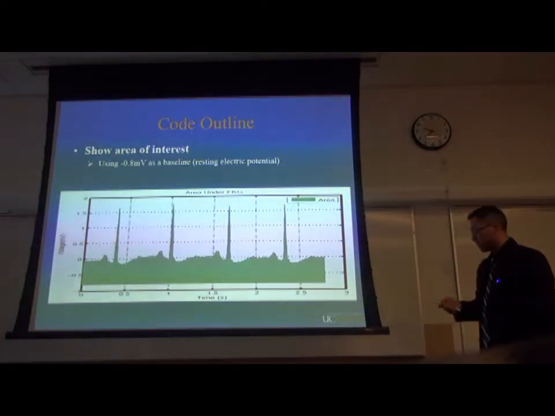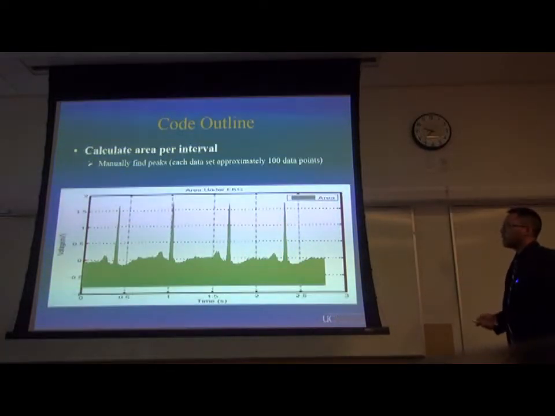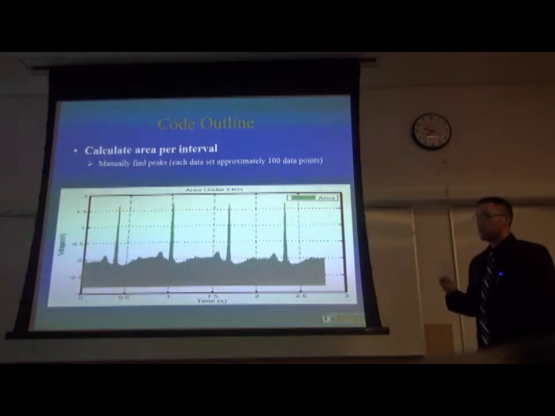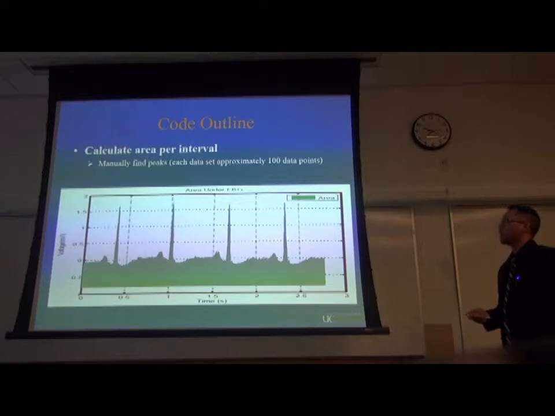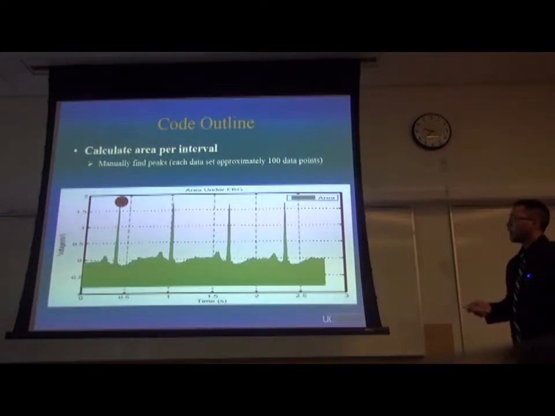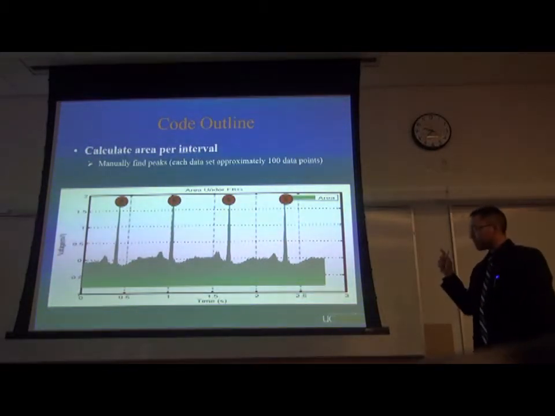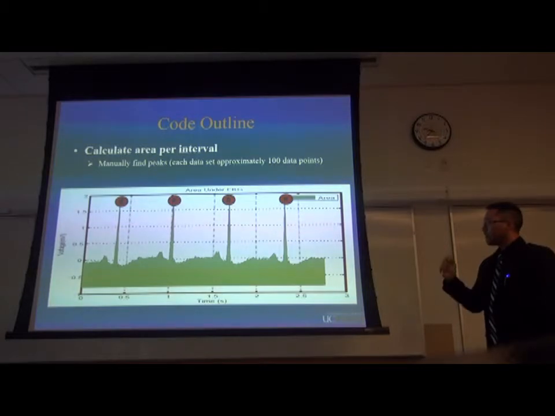Now, the next part, I think, is the innovative part, but it needs to be automated or coded better. What I do is I manually go in the graph and take each R point, and from there, it lets me graph the area I want from that point to that point.